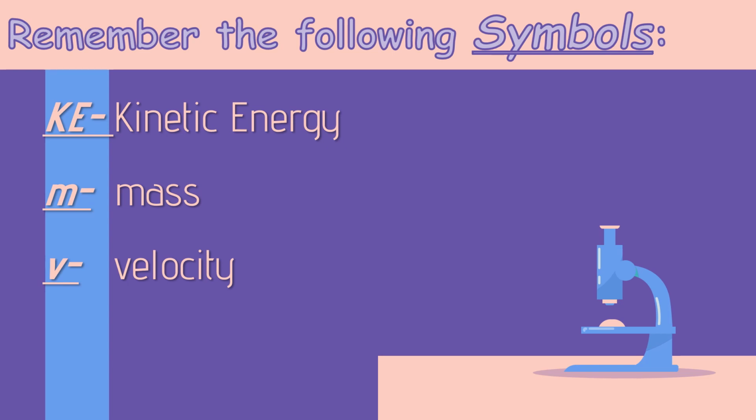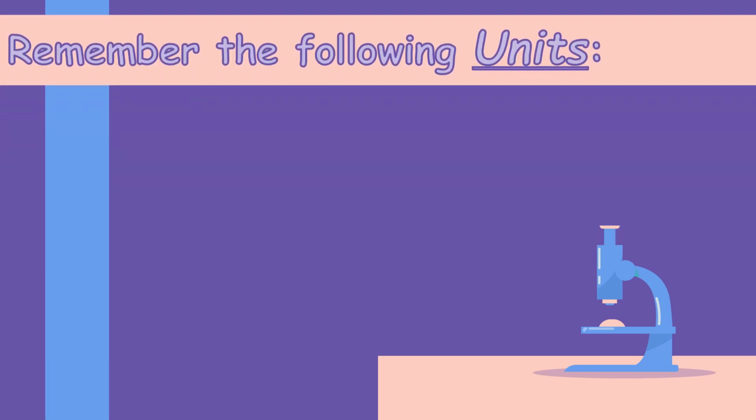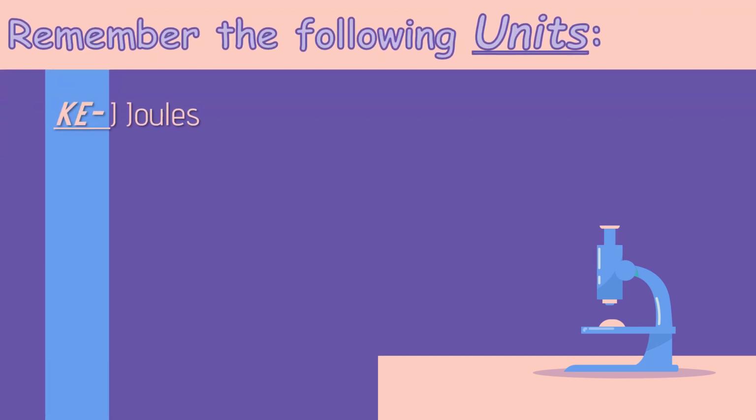The following units that we are going to use in solving a problem in kinetic energy are: for the kinetic energy, we're going to use the unit joules or capital letter J, while for the mass, we're going to use kilograms, and for velocity, we're going to use meters per second.